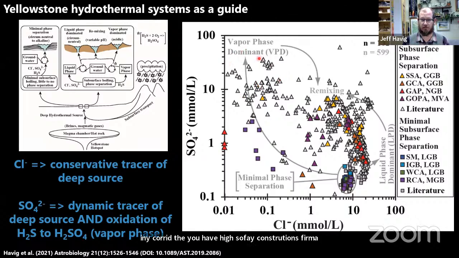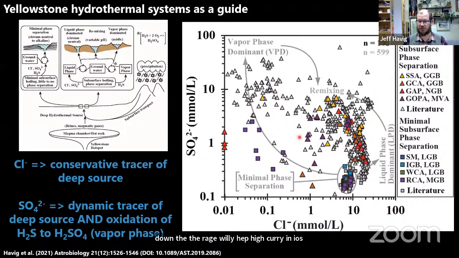And so we have our end members of vapor phase dominant, upper left, high sulfate, very low chloride. The residual liquid phase down to the right, where you have higher chloride and higher sulfate than the source water.